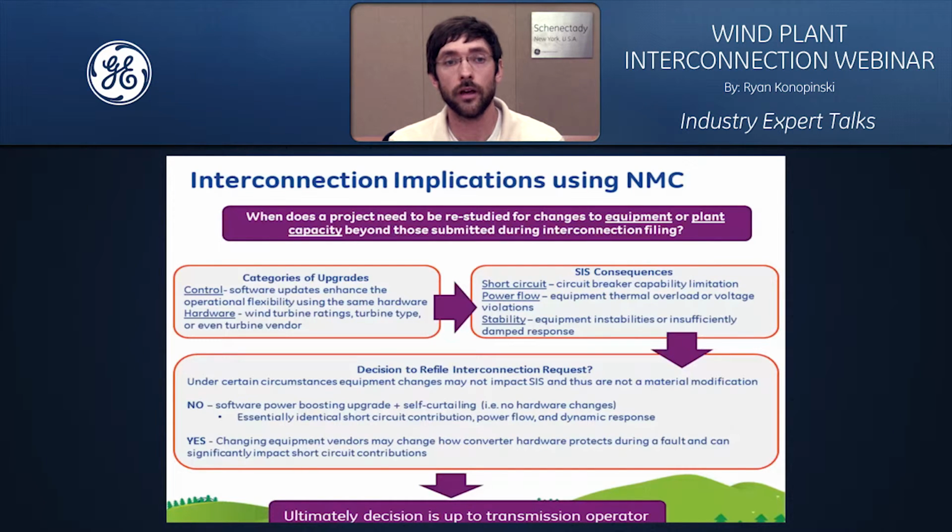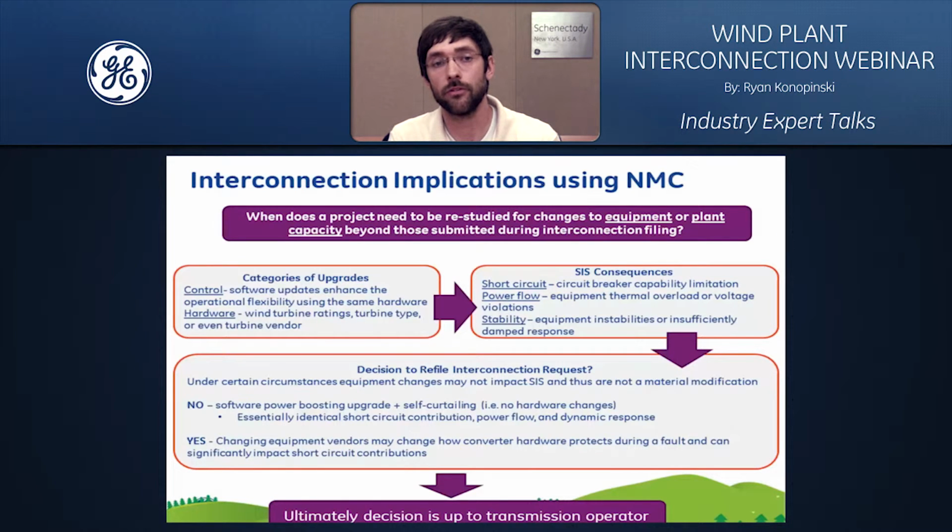These categories of upgrades either fall under control upgrades or hardware upgrades, where control upgrades could be just software updates to the existing hardware, where the hardware is left the same.